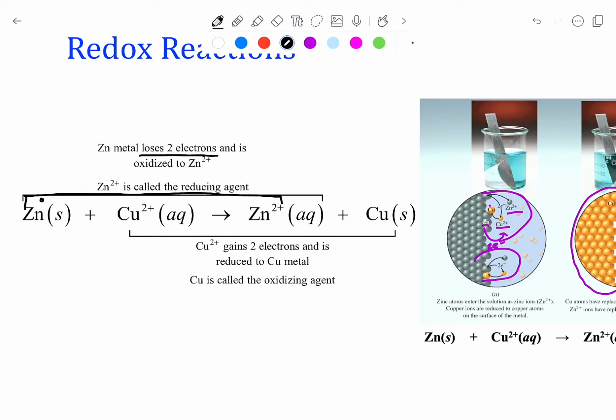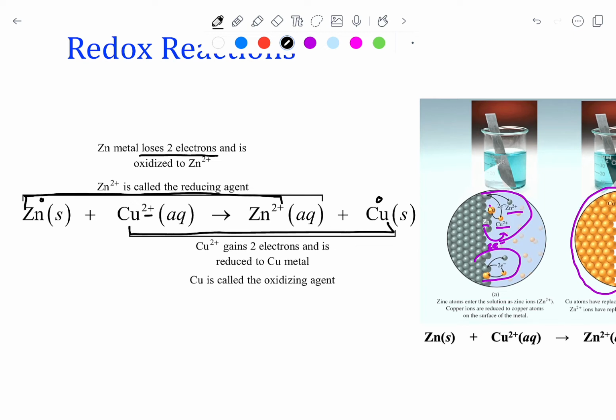The electrons have to go somewhere, so the copper, which has a 2+ charge, is like, I'm missing 2 electrons. I'll take those 2 electrons that you're giving away, and I'll become copper solid. Because if we add 2 electrons to a 2+ cation, it becomes neutral with a charge of 0. And any metal with a charge of 0 is a solid.